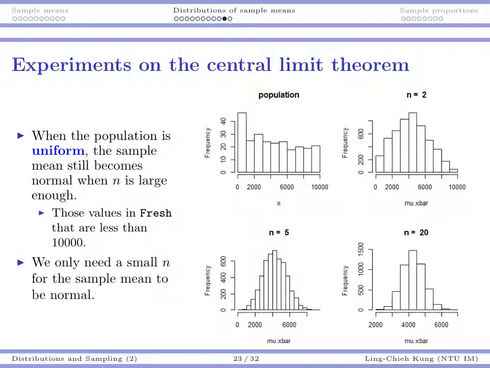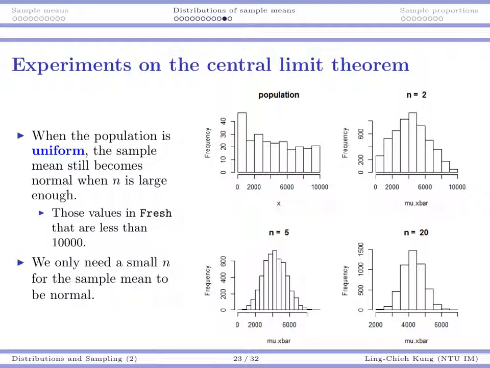When your population is quite skewed, you need n to be larger. When your population is somewhat closer to uniform, you only need a smaller n. And if your population itself is triangular or close to normal, then your n can be even smaller.